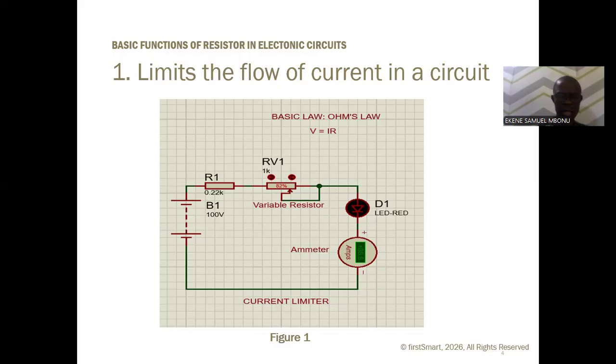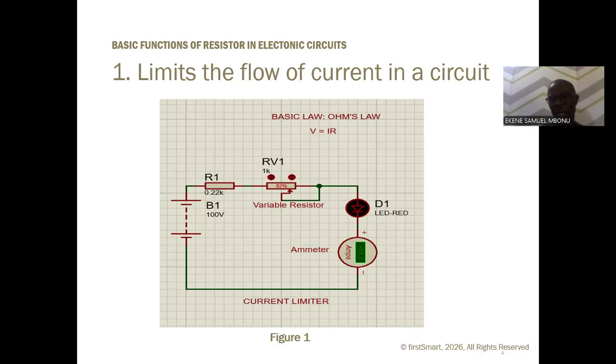Number one, a resistor, by definition, limits the flow of current. So it's a current limiter. When we look at this circuit, this is a 100 volt DC supply B1. This is 220 ohms. This is a variable resistor. This is an LED. This is an ammeter used to measure current, always connected in series with the load.